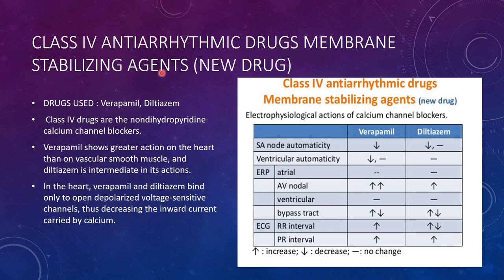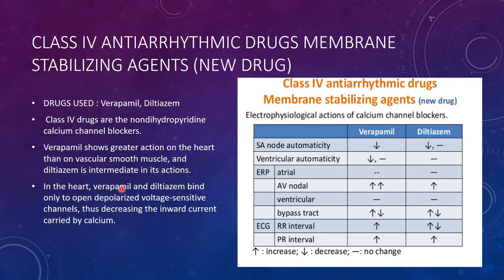And last is the class 4 antiarrhythmic drugs, that is calcium channel blockers, examples verapamil, diltiazem. These are non-dihydropyridine calcium channel blockers; verapamil shows greater action on the heart than on vascular smooth muscle, and diltiazem is intermediate in its action.